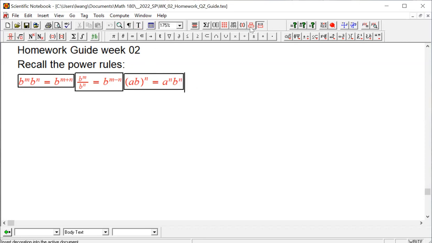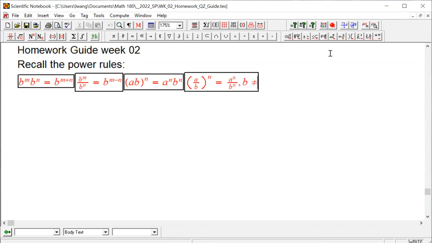And division-wise, we have a divided by b to the power of n equals a to the power of n over b to the power of n. And of course, provided that the base cannot be 0, right? We cannot allow 0 denominator.